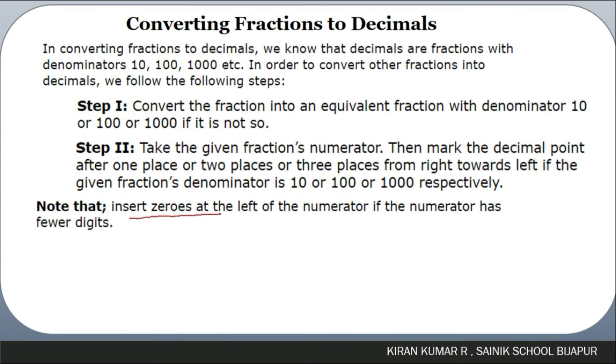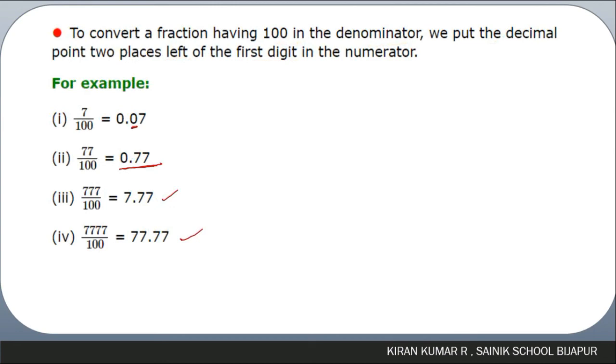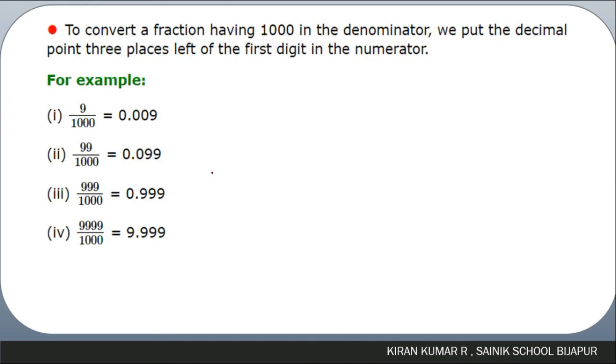Note, insert the number of zeros to the left of the numerator if the numerator has fewer digits than the denominator. Here one more: if the denominator is 1000, here the decimal point has to be placed 3 places from the right.